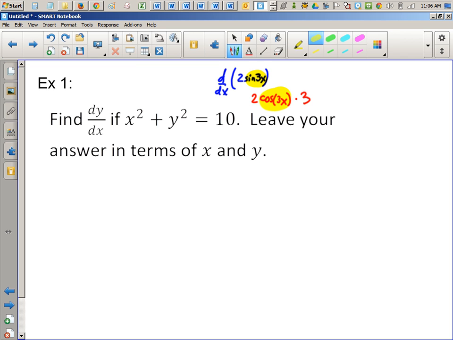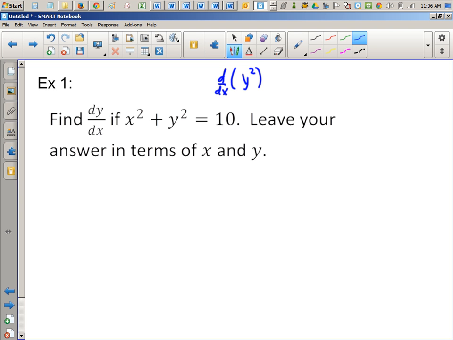All right. How about this one? Let's keep it simple. Ready? What's the derivative of y squared? Nope. Y, you see, is a function of x.